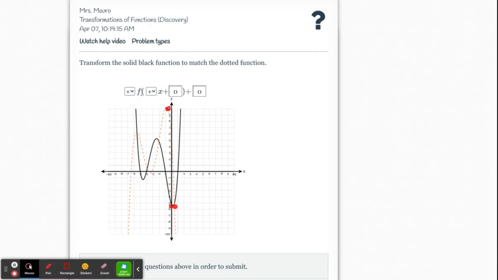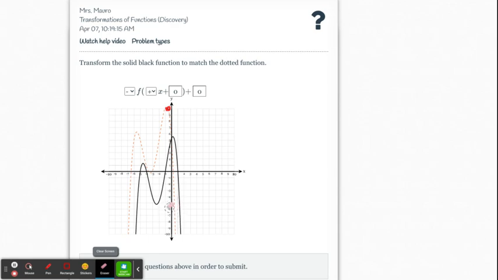So let's just start with reflecting over the x-axis and see what happens. Okay, cool. If I didn't like that, I could always just put it back. Okay, again, no risk. So I know there's a reflection over the x-axis, but now it looks like this is moved up.